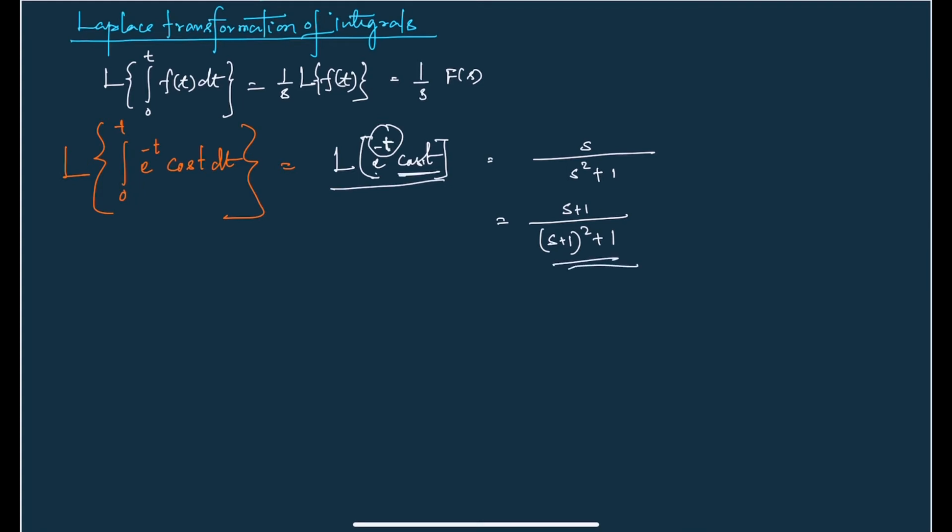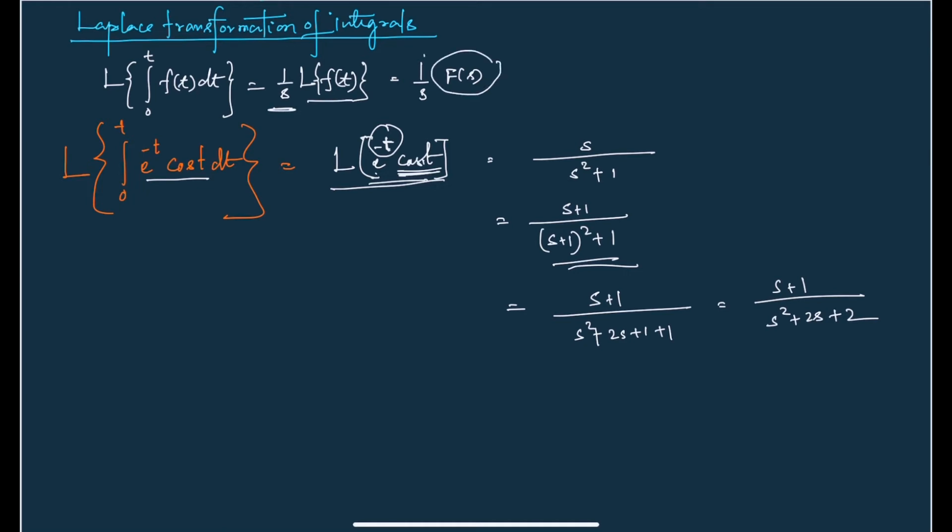If you solve this one, s plus 1 divided by s square plus 2s plus 1 plus 1, that is s plus 1 divided by s square plus 2s plus 2. This is the Laplace transformation of e to the power minus t cos t. Now according to this formula, the answer is going to be 1 by s into the Laplace transformation of this one, which we have found.